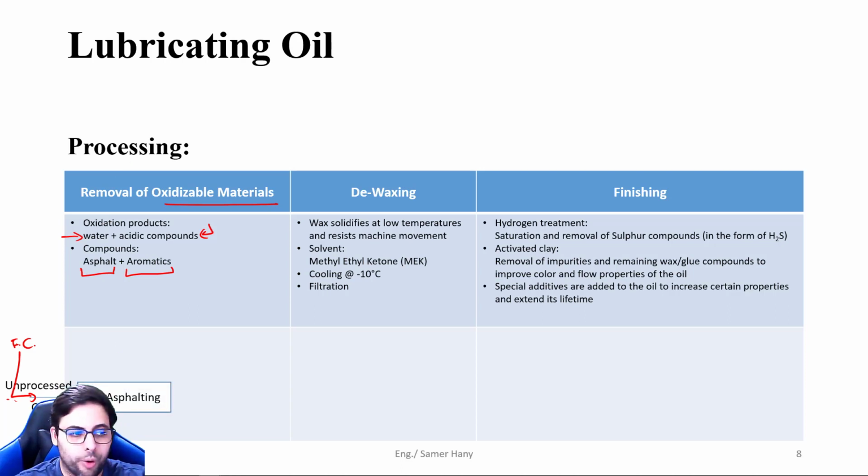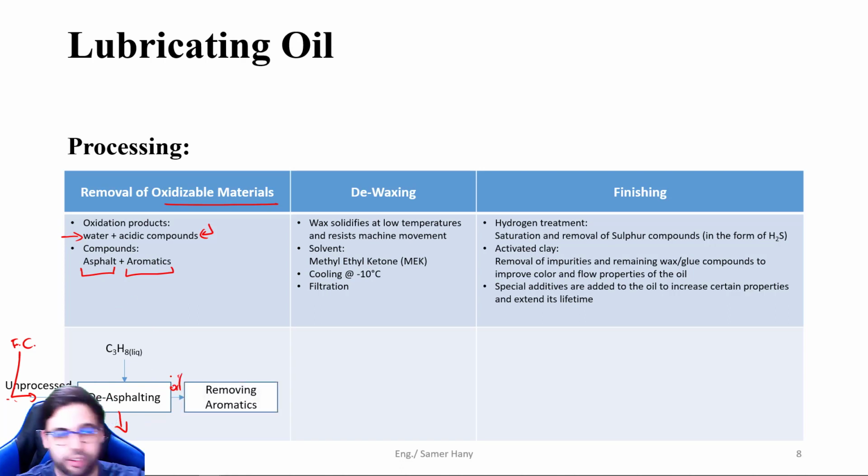First off, we go into a de-asphalting unit. In this unit, we introduce liquid propane as a solvent. It dissolves all of the asphalt, and we then remove the liquid propane with the dissolved asphalt from this unit, and the oil goes on into the next unit, which will remove the aromatics.